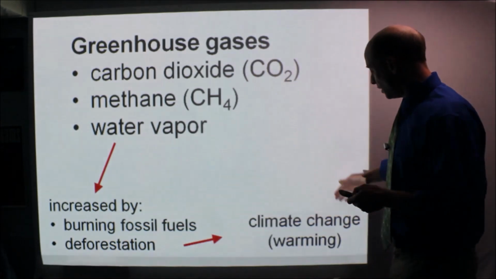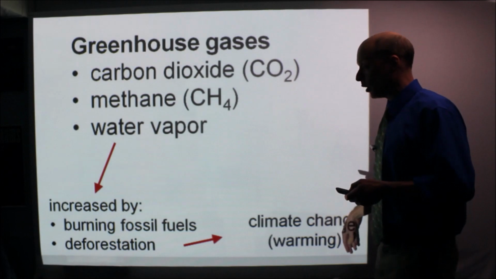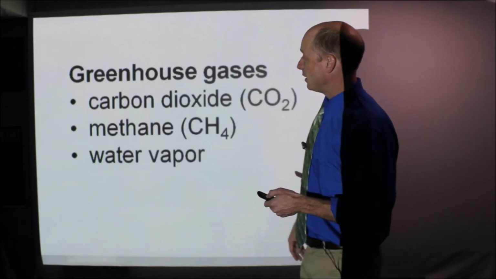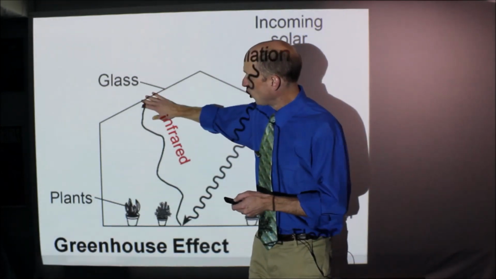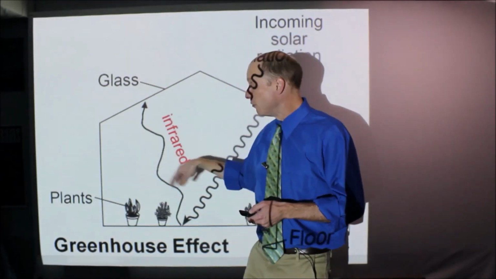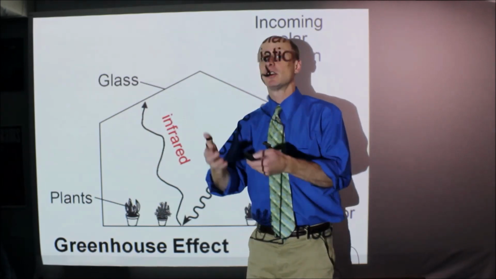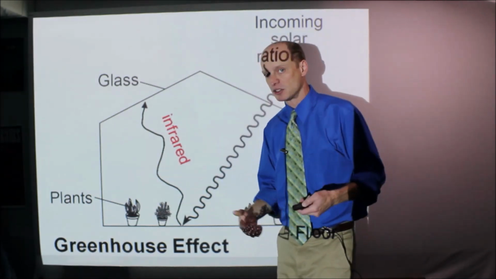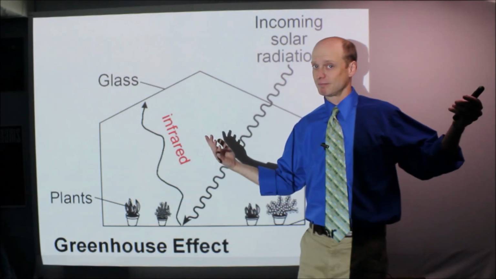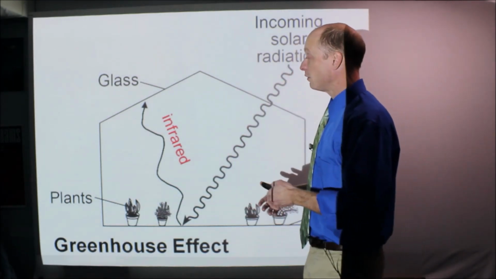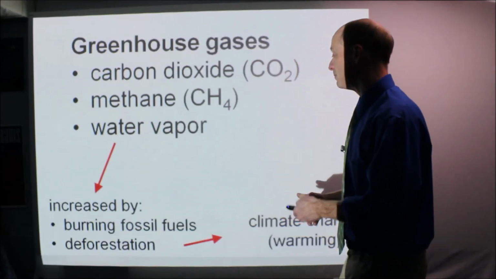And this causes climate change, which is warming, because if we go back here, what's absorbing this infrared are the greenhouse gases. You have more greenhouse gases in the atmosphere, there's more absorption, hence warming. This is all important to know and understand, because there are a lot of different types of questions that involve you understanding them all to get them right.